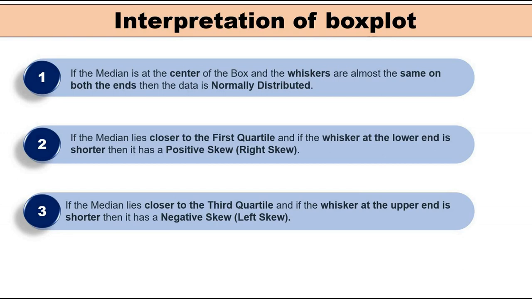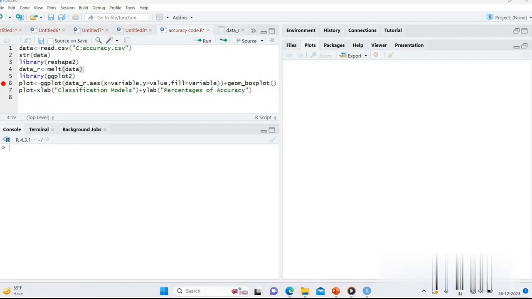Let's move to RStudio and see how to draw a box plot in R. For every statistical test, first we need a dataset. So the code begins by reading a CSV file. The dataset includes 6 machine learning models along with their predicted accuracies.